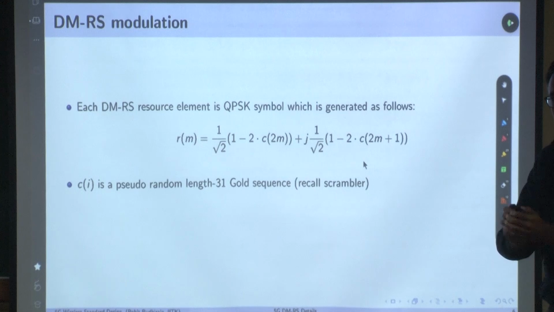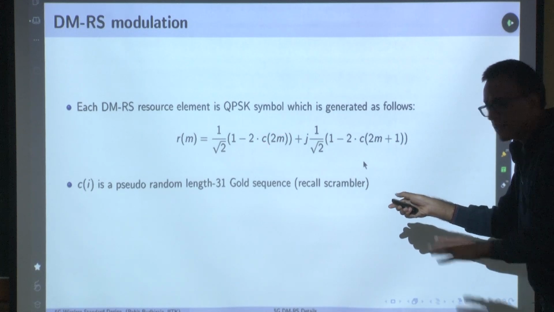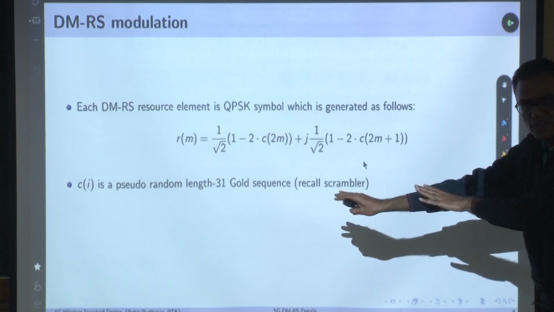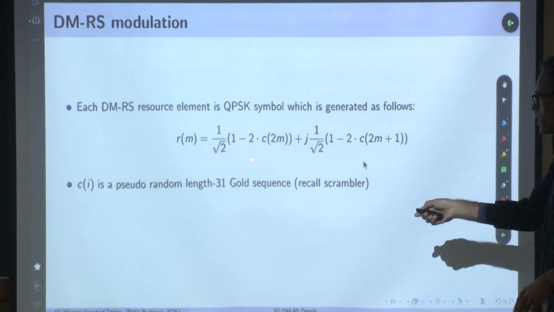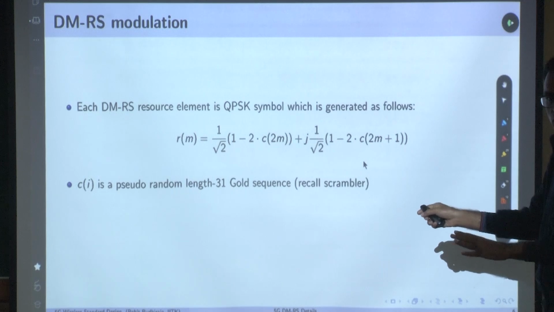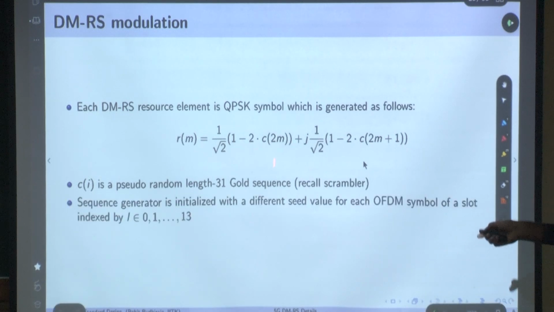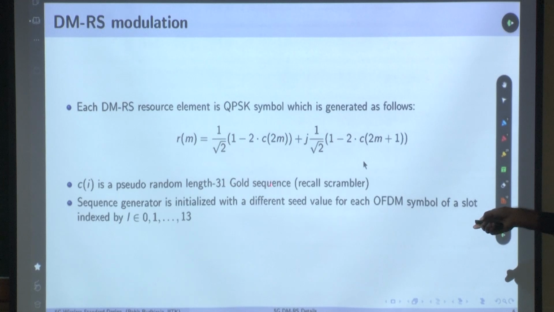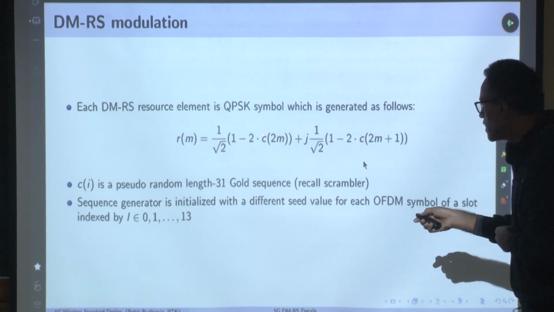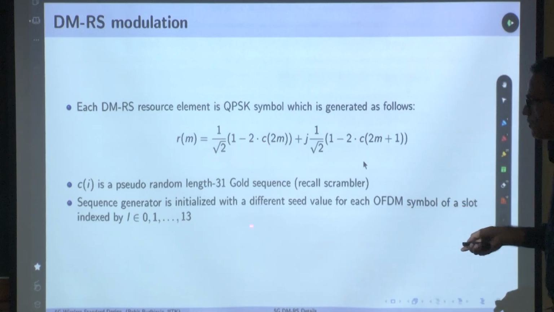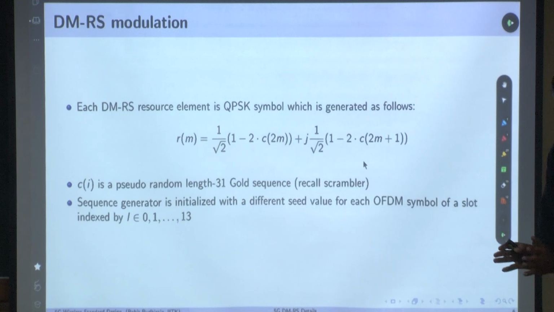So the scrambler's use is not limited only to generating code for a scrambler, it generates code for the DMRS also. This code is different from that orthogonal code cover which we just discussed. This is for generating this QPSK modulation. This sequence which generates this gold sequence is initialized with a different seed value for each OFDM symbol of a slot. So you generate this sequence c, which is a function of each OFDM symbol.